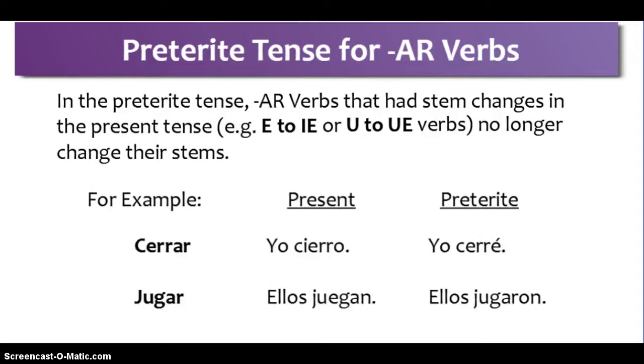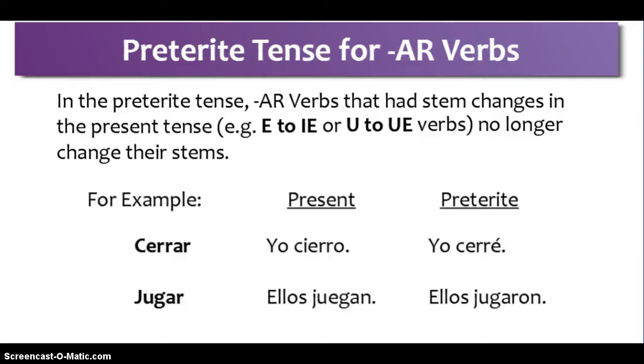We've talked about stem changing verbs, whether it be E to IE, E to I, O to UE, or U to UE verbs. In the present tense, you have a stem change when you conjugate. That stem change goes away in the preterite tense. So cerrar, an E to IE stem changing verb in the present tense, which would be yo cierro in the first person, in the preterite becomes yo cerré.